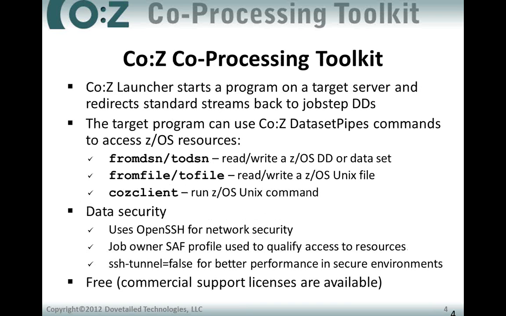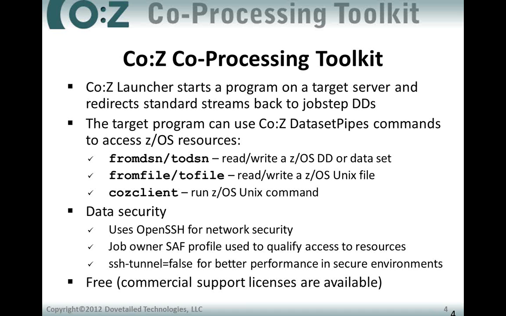In particular, there are 2 parts of the COSI Toolkit that implement hybrid batch processing. The first is the COSI Launcher. What the COSI Launcher does is it starts a program on a remote server and it automatically sets up the plumbing to redirect the standard streams back to job step DDs.